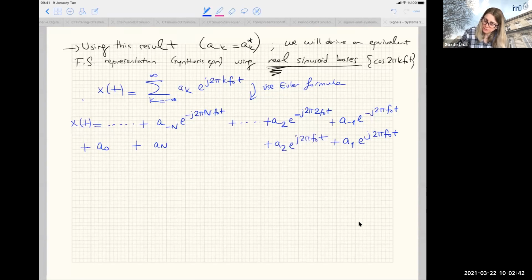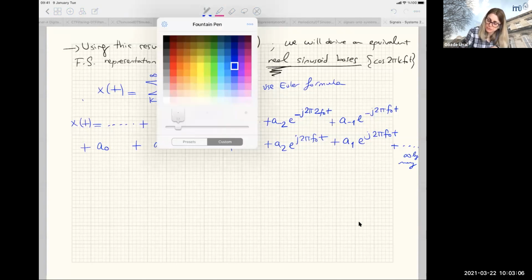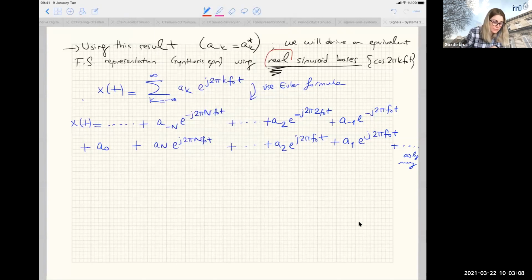Of course, there will be these guys, a n e to the plus j 2 pi n f0 t, and then all the others, infinitely many terms. But let's just look at the finite number of them because it will carry over to all the terms. Now, for a real signal, we use that actually.